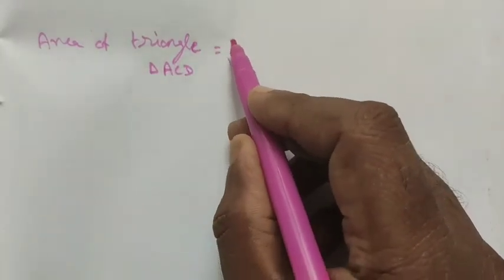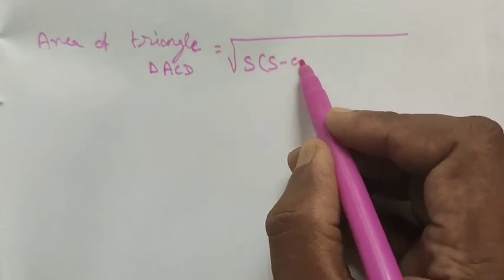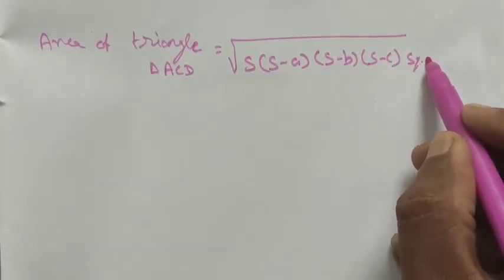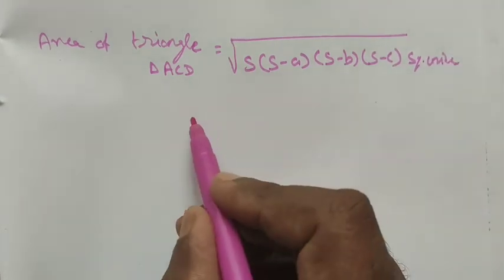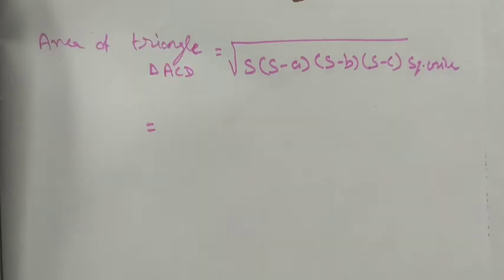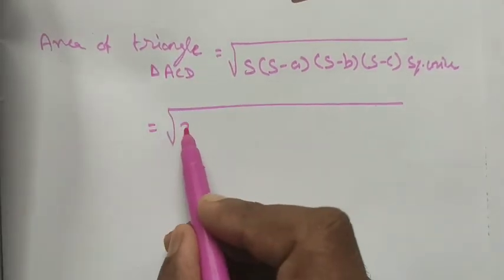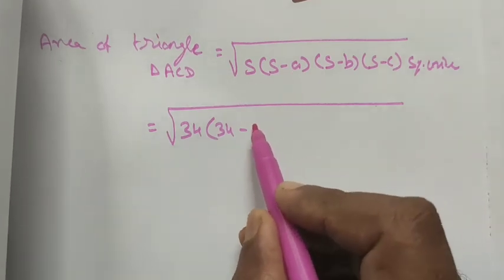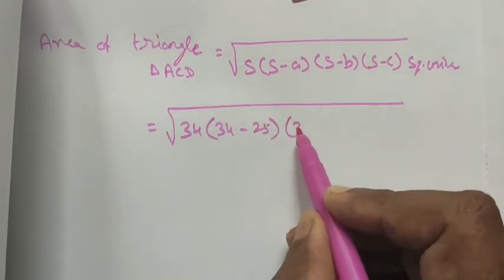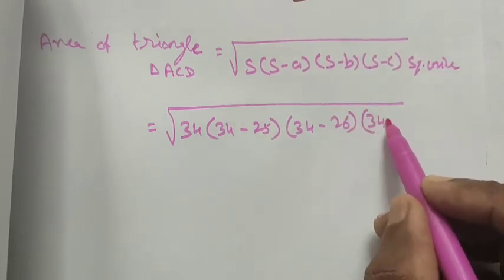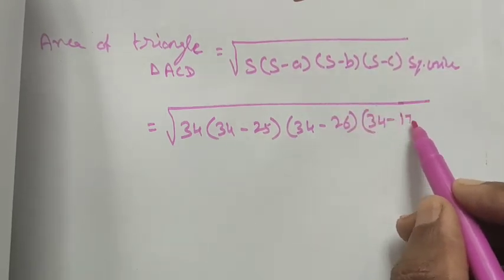Now area, by Heron's formula, area of the triangle ACD is equal to, we know the formula, that is square root of S into (S minus A) into (S minus B) into (S minus C). Now S is equal to 34, which we have found out. So 34 minus A, we have taken it as 25, and 34 minus B is 26, and 34 minus C is 17.